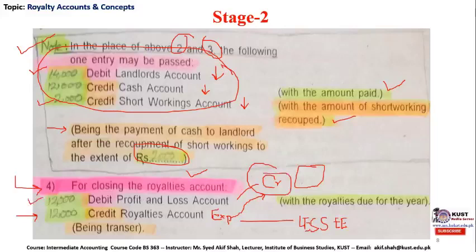So we have debited the profit and loss account by 12,000 and credited the royalty account, which is a reverse entry for an expense, in order to write off or transfer this royalty fee into the profit and loss account of the lessee.